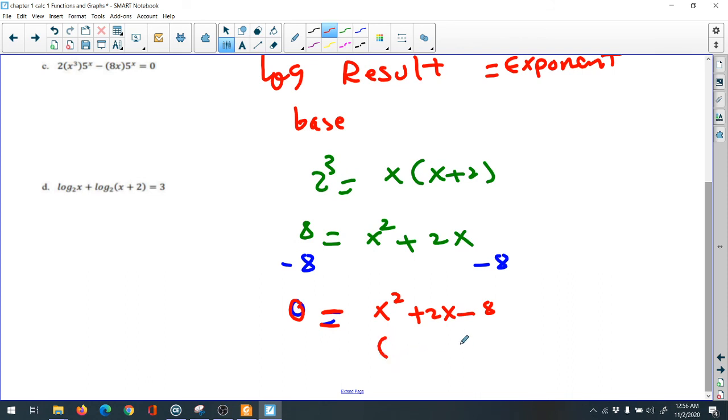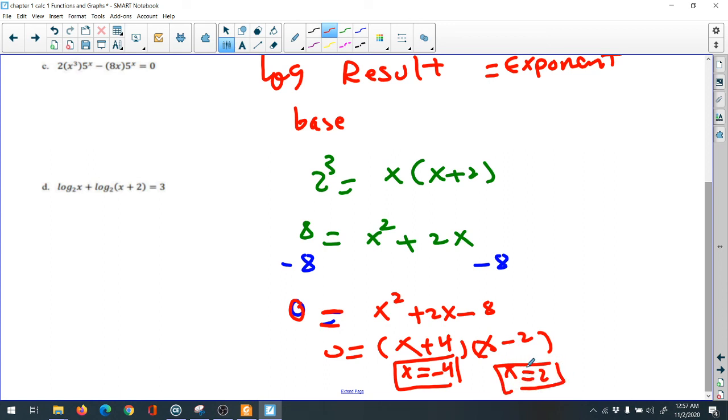Now we factor: x squared is x times x, and negative 8 will be positive 4 times negative 2. If you set x plus 4 equal to 0, x equals negative 4. And if you set x minus 2 equal to 0, x equals positive 2.